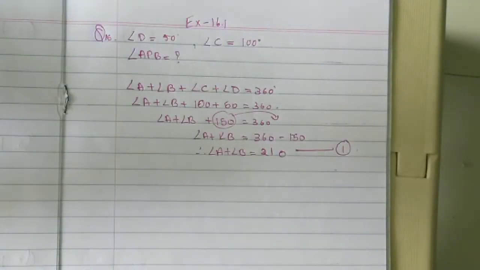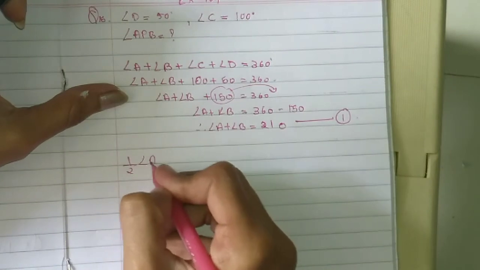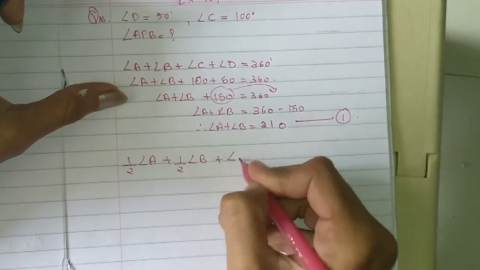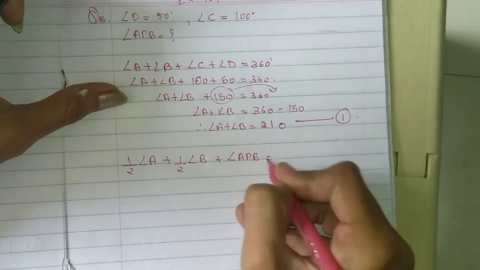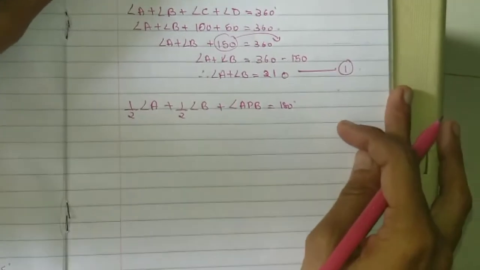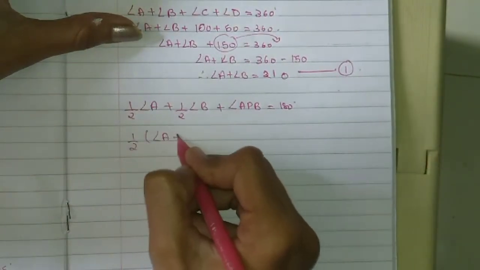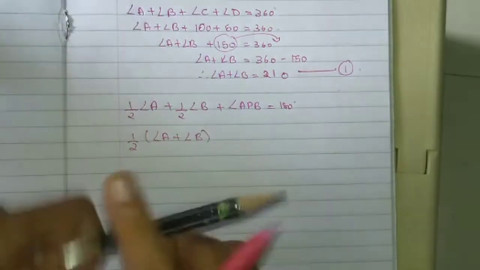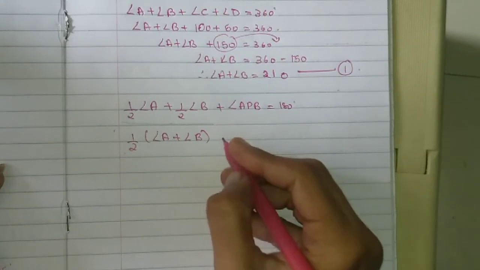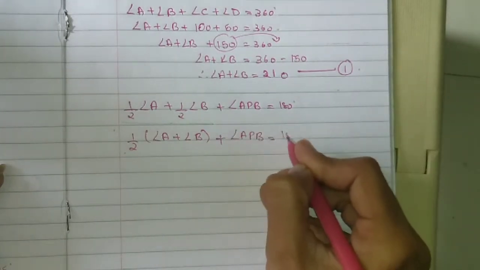That only I am writing over here. Half angle A plus half angle B plus angle APB, which is equal to 180. Now we will solve it. Half is common, so half of angle A plus angle B, on both sides I have taken half common, plus angle APB equal to 180.